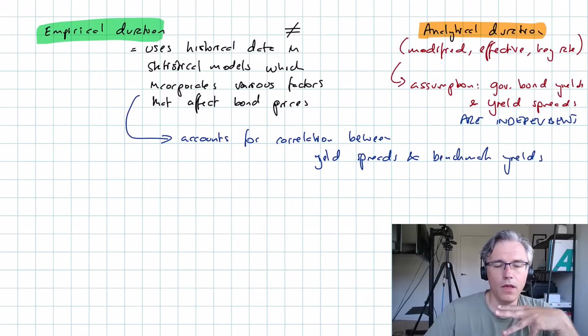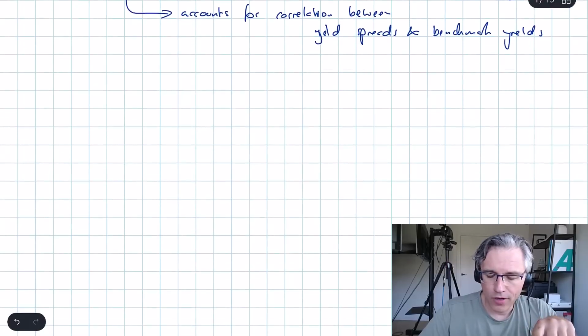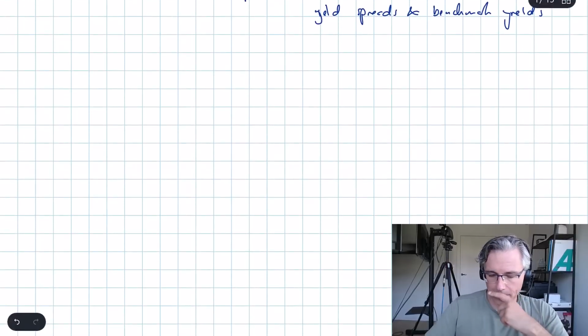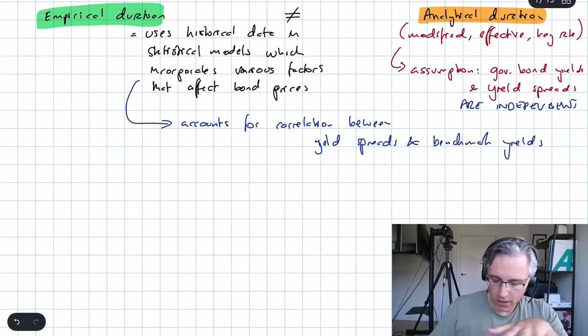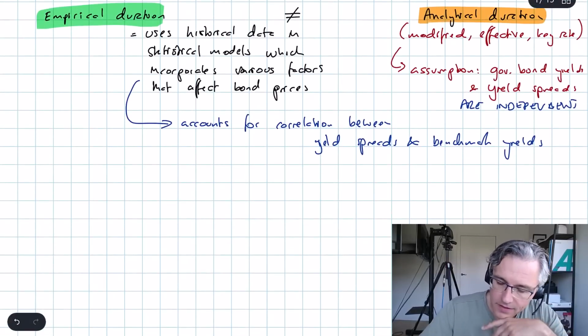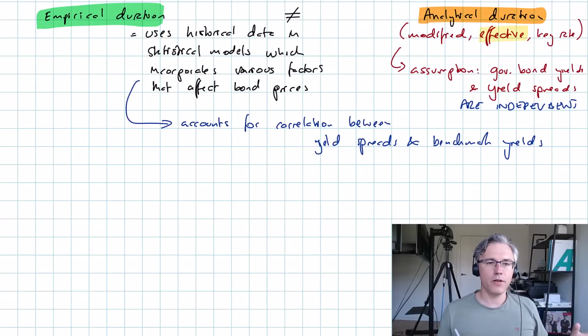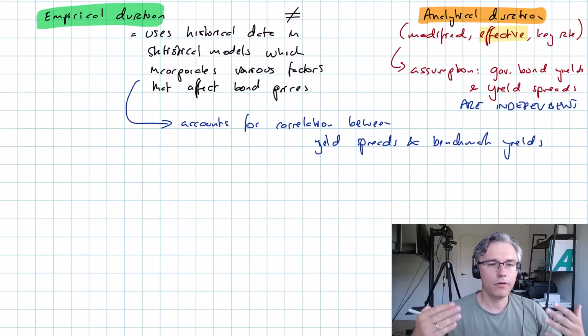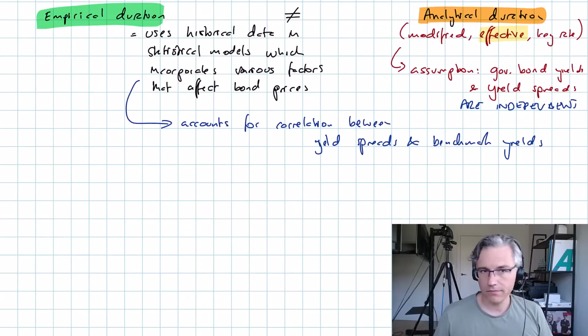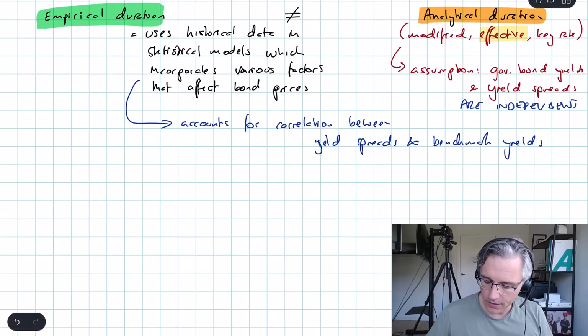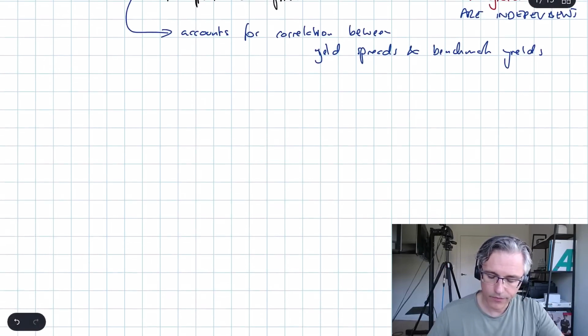Okay, so let me try to illustrate the problem. We've only recently discussed effective duration, which was based on the idea that when benchmark yields change, the bond price changes as well. Of course, that's absolutely natural to assume.